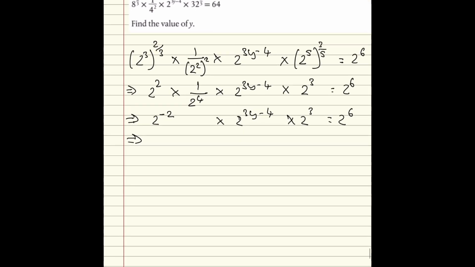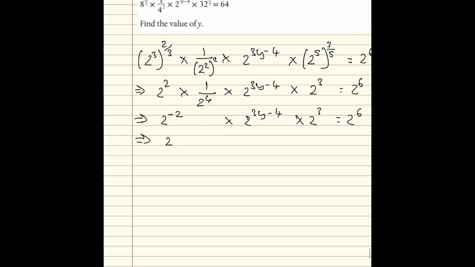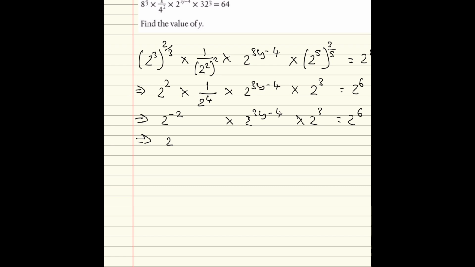So we have 2 to the power of, well, negative 2 plus negative 4 is negative 6. Negative 6 plus 3 is take away 3. So we have 3y take away 3 equals 2 to the power of 6.